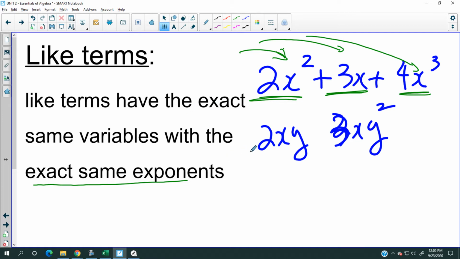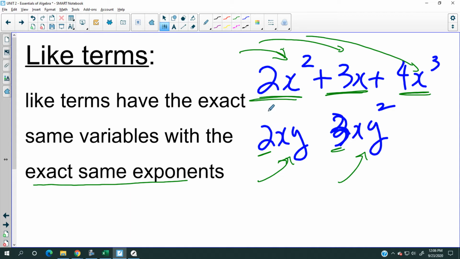Now, looking at the second one, look at xy, and then look at xy squared. Same family or different family? Different families. Some of you might say, well, they both have xy, but that's not it. Look at the y. There's a square. Now, some of you say, what about the number in the front, the coefficient? Doesn't matter. Imagine if you and your sibling have different first names, that doesn't mean you're not family.